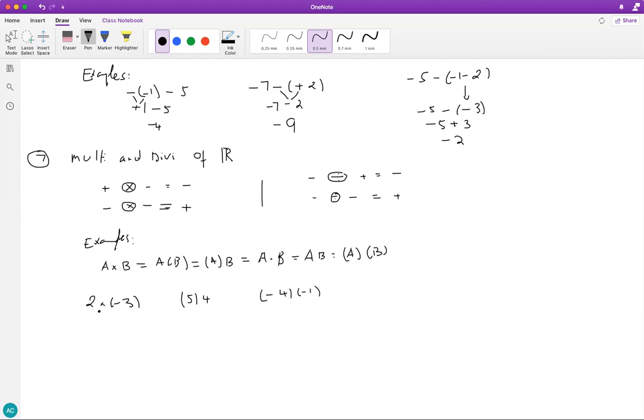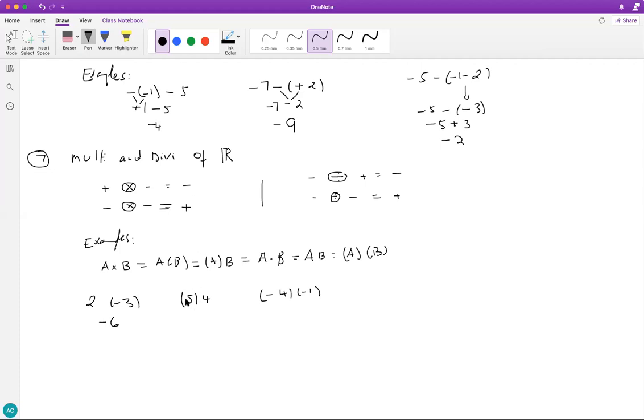Okay, so let's try to do all these. We don't actually need that multiplication here. What is this equal to? 2. There's nothing here. What's the operation? -6. Positive times a negative is always negative.